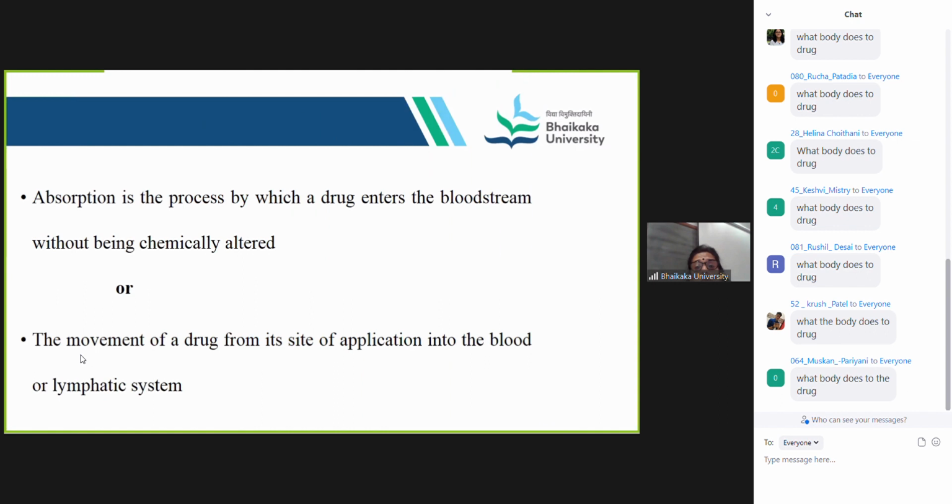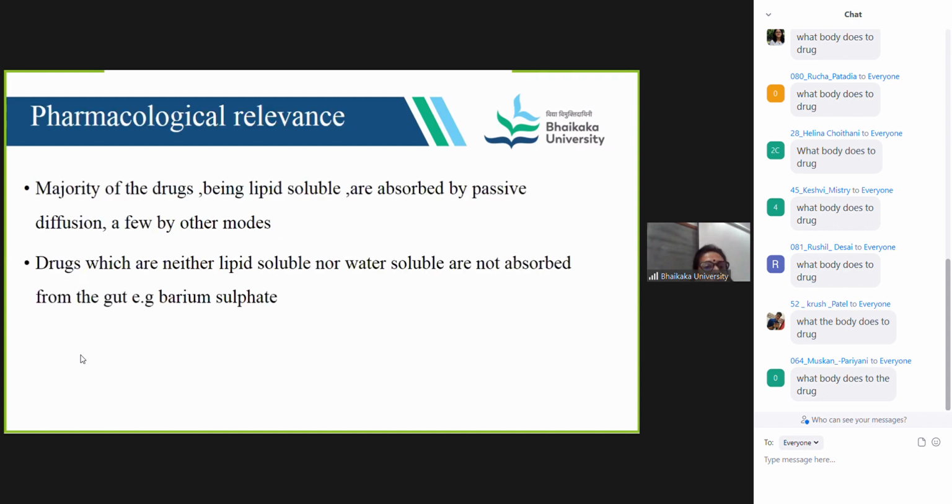Absorption is the process by which a drug enters the bloodstream without being chemically altered. Remember, in this process the drug will not alter. It is the movement of drug from its site of application into the body, or maybe into the lymphatic system. So what is the relevance of this absorption?